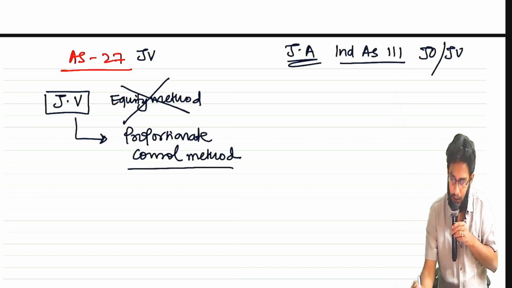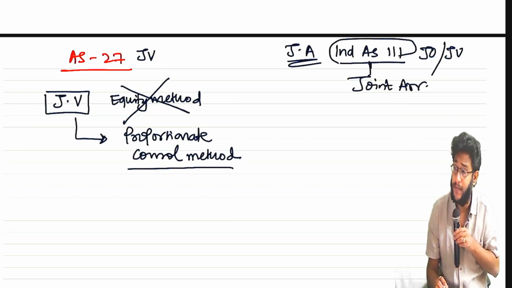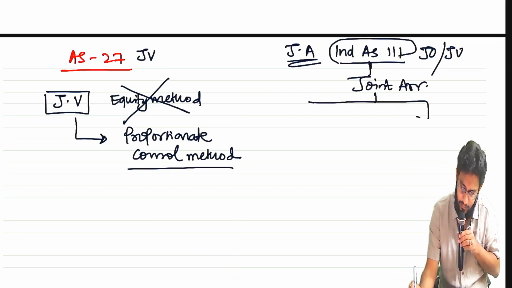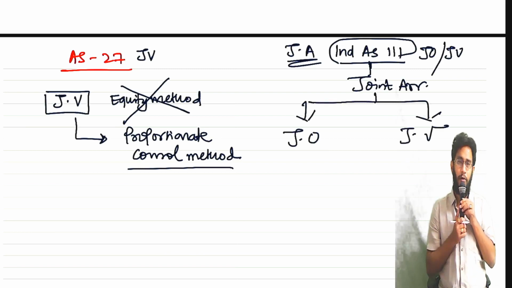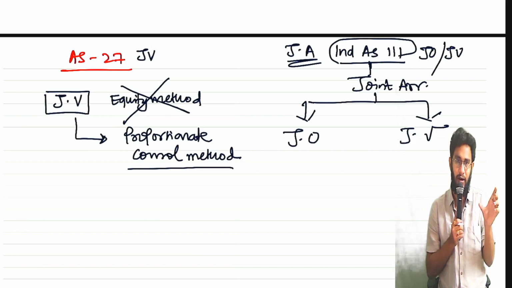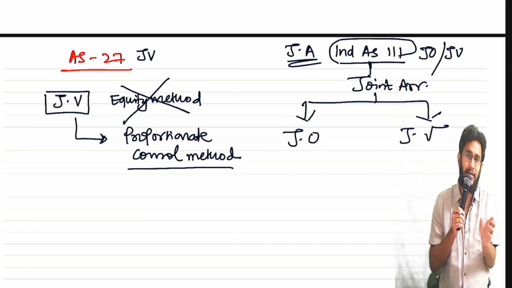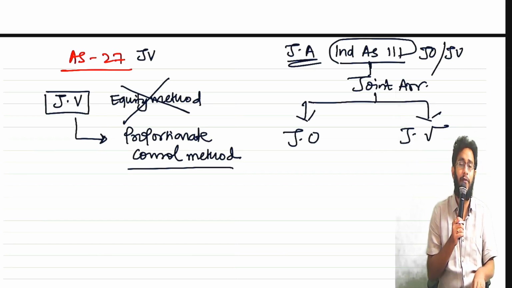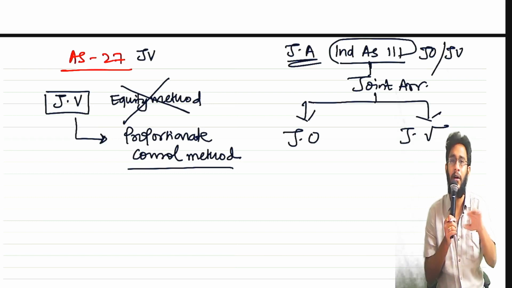In Ind AS 111, we have joint arrangements. Joint arrangements are further classified into joint operations and joint ventures. I hope you remember, a joint venture means there should be a structured entity. Then we see further conditions, like whether the venturers have interest in the net assets or in individual assets and liabilities, or whether the output of the joint arrangement ultimately comes back to the venturers only.